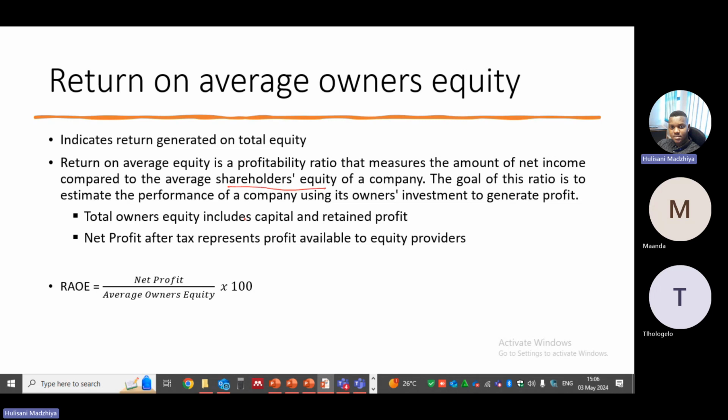When they become shareholders, they will actually need a return. So the return of that investment will be measured through how much profit that company is generating on an annual basis. On each and every annual basis, we'll compare the profit against the capital that we invested in that company.